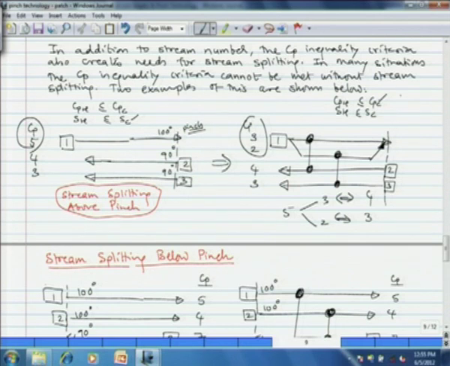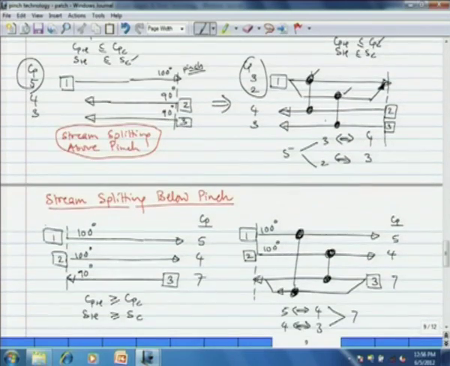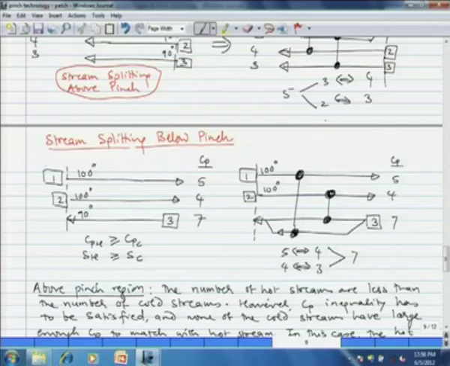So, the Cp constraint is obeyed, and then the second branch of stream 1 with Cp equal to 2 is matched with the cold stream 3 with Cp equal to 3. So, that constraint is also obeyed. So, that means stream splitting may be required because of Cp inequality.